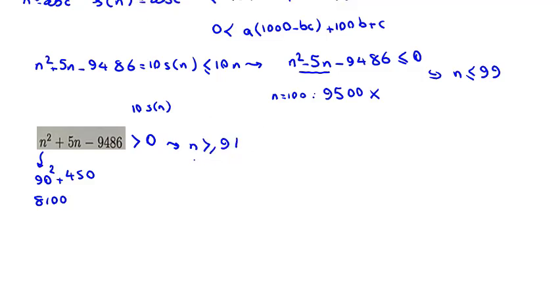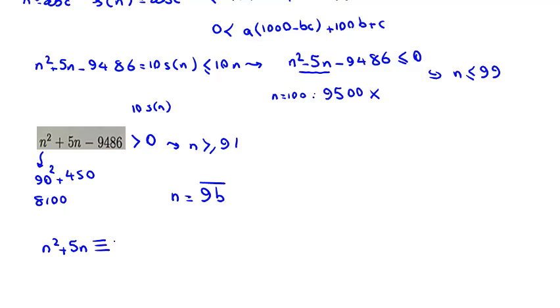Okay, so we understand that the s of n we want to find is 9 times, for example, a digit b, this number. If we consider mod 9, then we have n squared plus 5n mod 9. This one will be 0 because the sum of the digits is 9 plus 12 plus 6, 18 plus 9, 27.